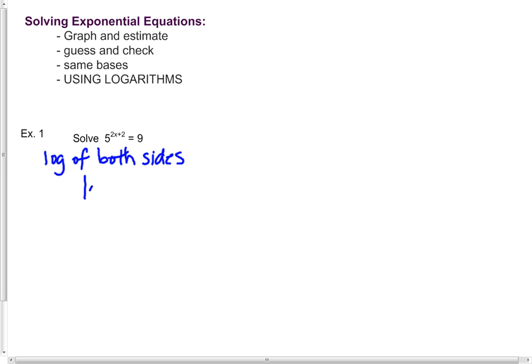So log of 5 to the 2x plus 2 equals log 9. Now it is assumed, because I'm going to use a calculator in a bit, that I'm using log base 10. It doesn't matter what base you use for this at this point. All right.